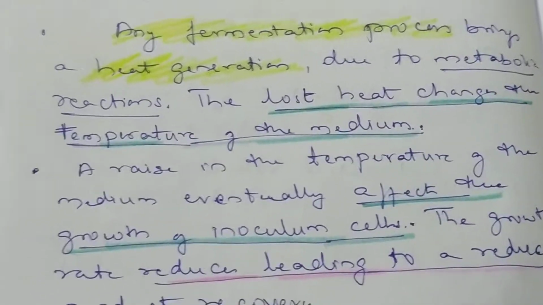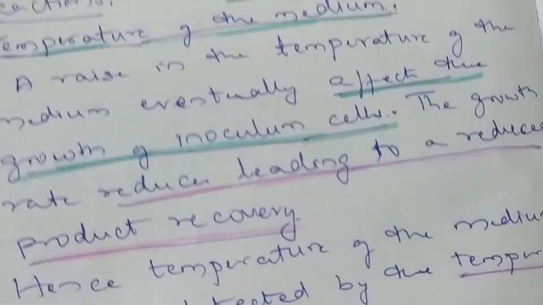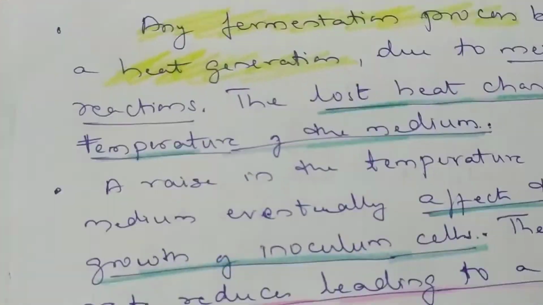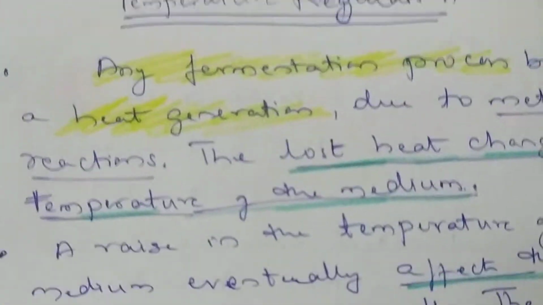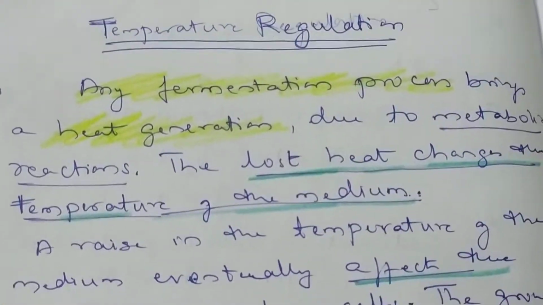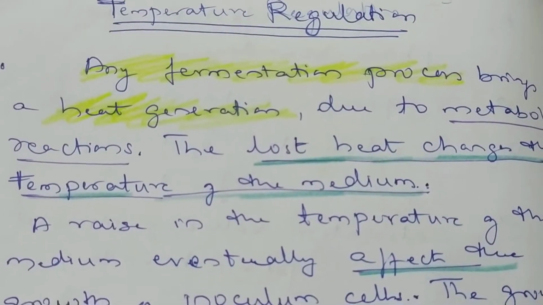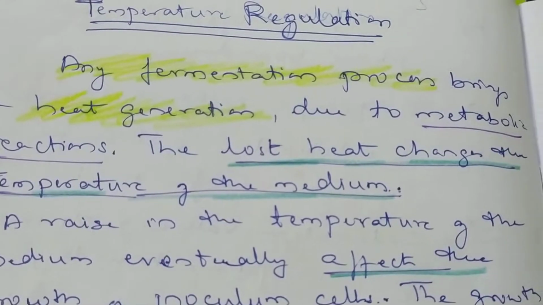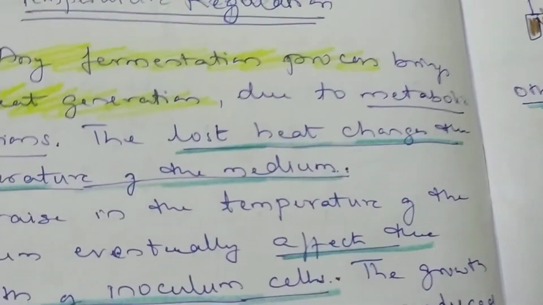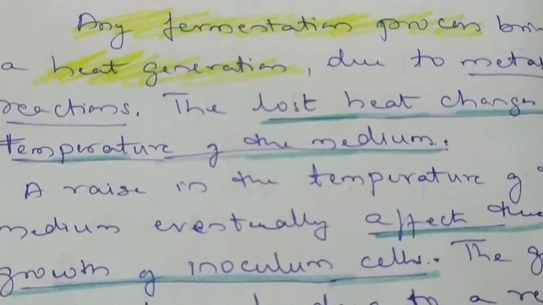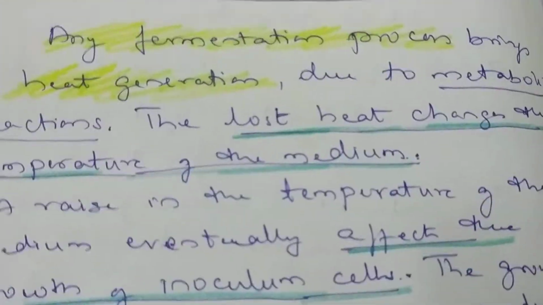So students, I have a few points, please go through them. Here you are seeing that the fermentation process brings a lot of heat, right? I was telling you about that. Please highlight that point. Due to metabolic reactions, the lost heat changes the temperature in the medium. What is lost heat? That's what is enthalpy.